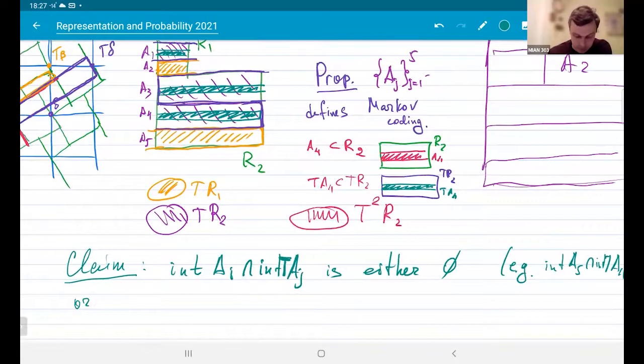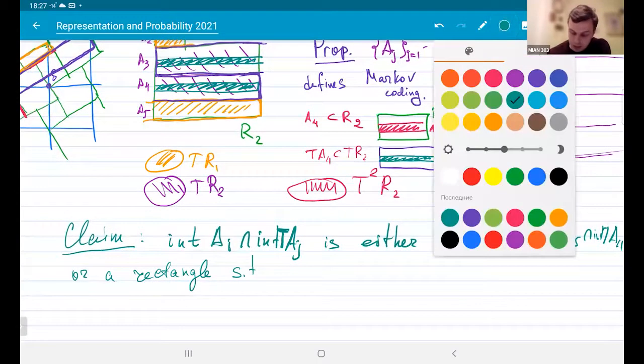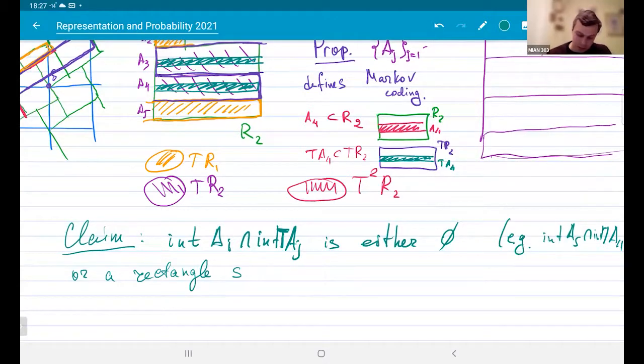Or a rectangle such that, well, now I want to describe how this rectangle lies in each of these two rectangles. Well, that lies in AI as follows.